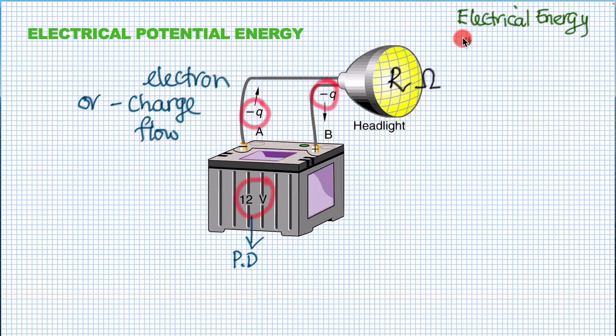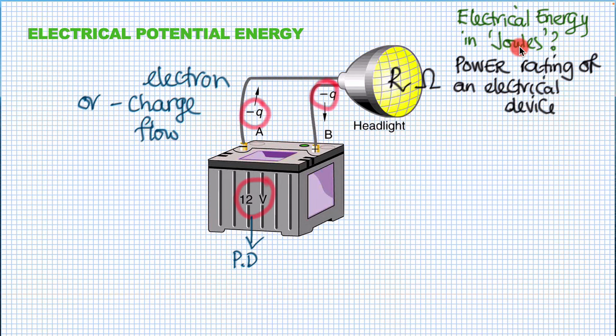And if we think about the electrical energy in joules, because we talk about energy, and with unit 1 when we looked at thermal energy, we said regardless of what type of energy it is, the fundamental, the standard international unit is the joule. So how do we now think about this energy in a particular given time?